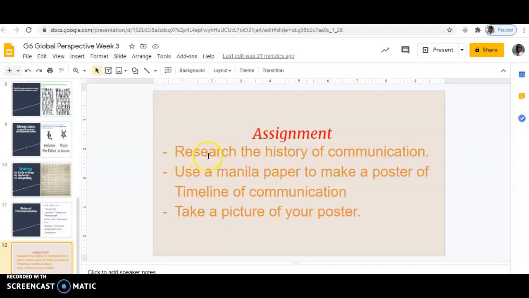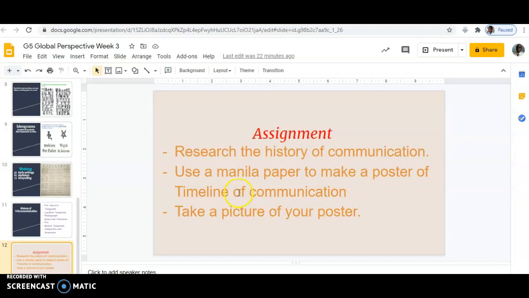So the assignment is that you research the history of communication. I've just given you a hint, but you can research and find more information. Then after researching, you will use a manila paper or any other hard paper that you can find to make a poster of a timeline of communication.